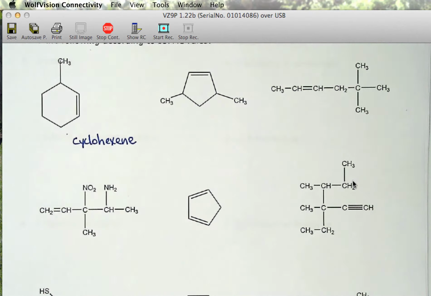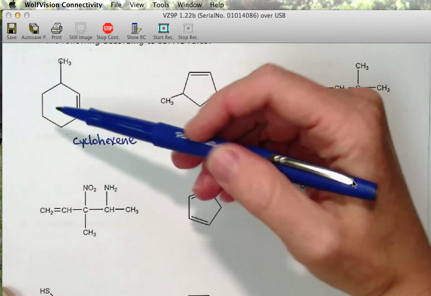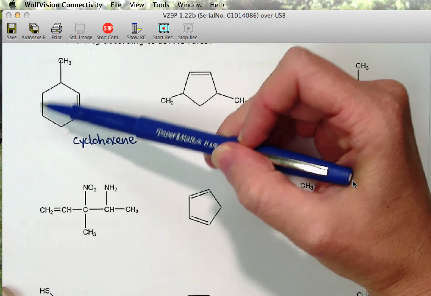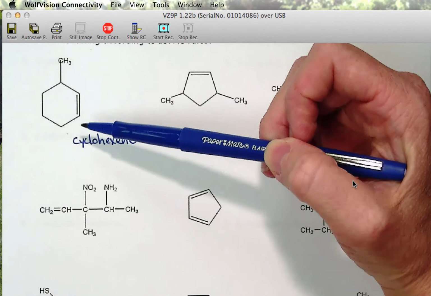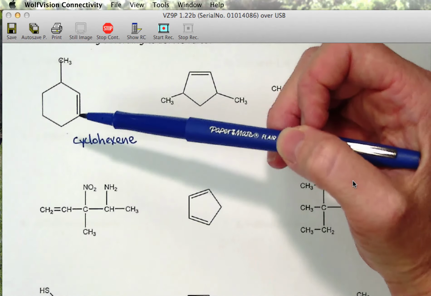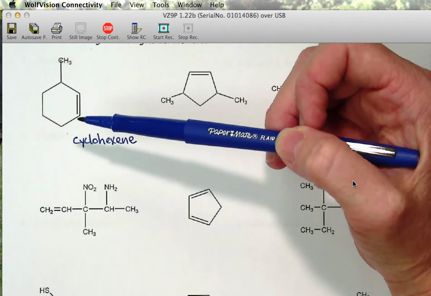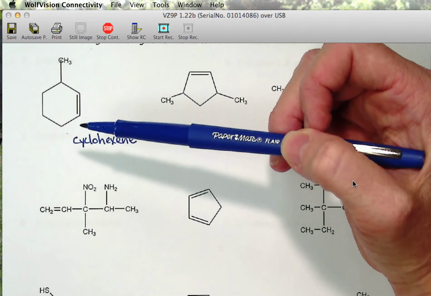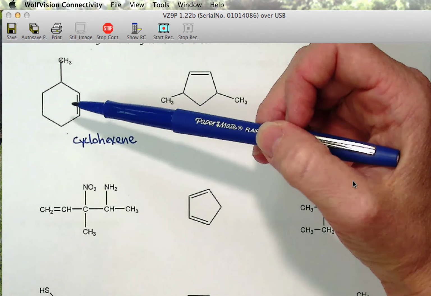When you have cycloalkenes, the double bond always gets the lowest number. So you can number it this way, 1, 2, 3, or you can number it this way, 1, 2, 3, 4, 5, 6. Yes, you still want your substituent to have the lowest number if possible. The double bond takes priority, and then you have your substituents to think about.